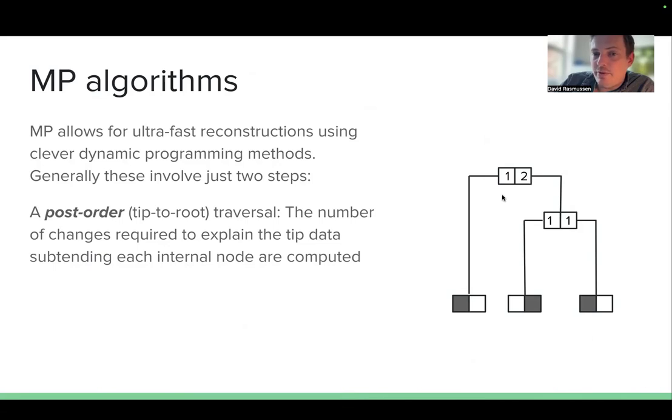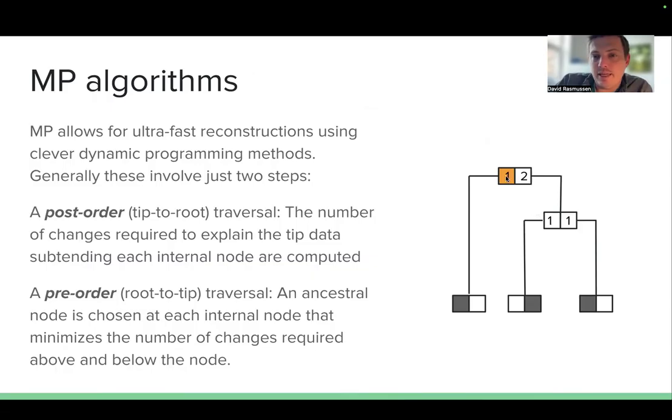We would probably need to have a mutation on this branch as well as a mutation on this branch. And so what we can do then, if we want to find the most parsimonious reconstruction of ancestral states over the entire tree, is walk back down the tree. In each internal node, pick the state that minimizes the number of changes required below that node.